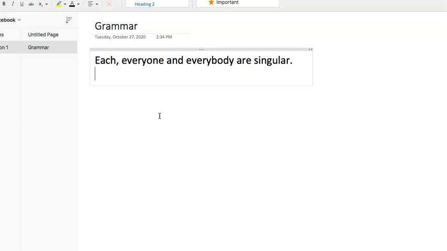So let's look at an example. Let's see if this bothers you at all. Each of you is or are responsible for doing your chores.